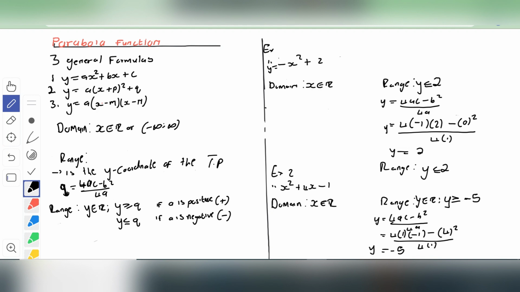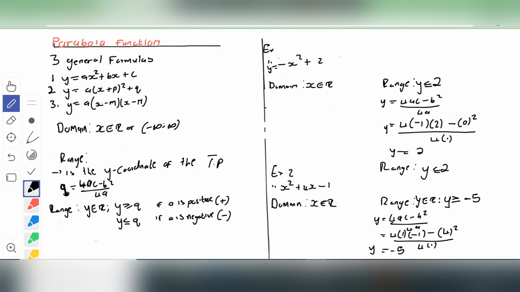This is how we determine the domain and range. Whenever they want you to calculate the range of a parabola, you need to calculate the y coordinate of the turning point. This is the formula for calculating it.